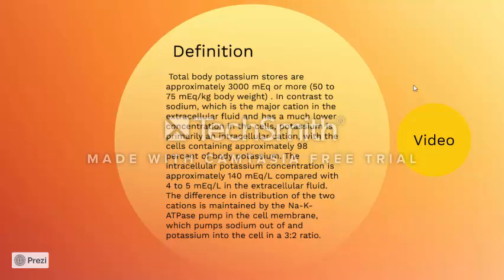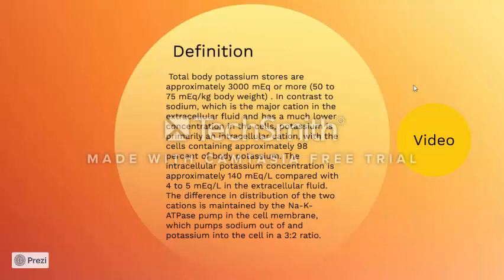In contrast to sodium, which is the major cation in the extracellular fluid and has a much lower concentration in the cells, potassium is primarily an intracellular cation, with the cells containing approximately 98% of body potassium. The intracellular potassium concentration is approximately 140 milliequivalents per liter, compared with 4 to 5 milliequivalents per liter in the extracellular fluid.